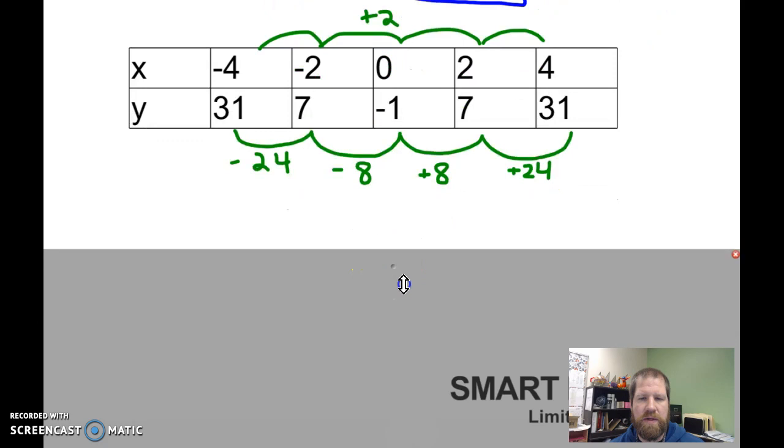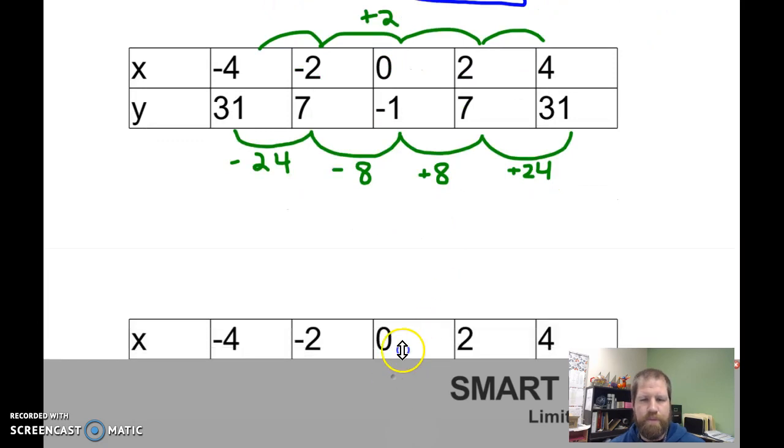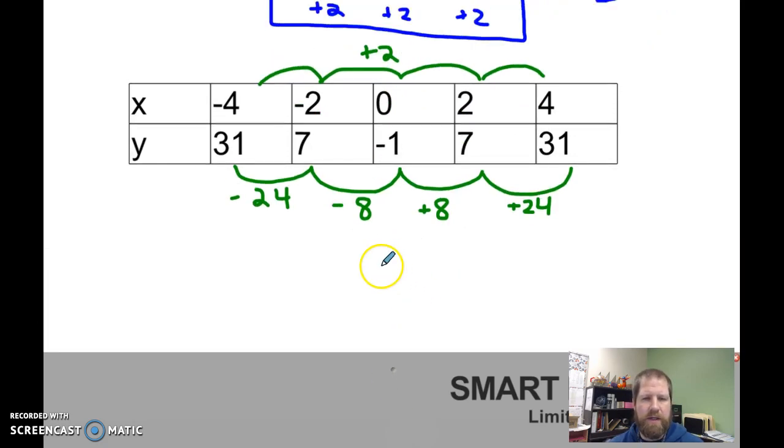And here's where sometimes it gets a little tricky, because you have to make sure that you're accounting for your signs, and making sure that you are looking at your differences the same way. Okay, so -24 to -8, that is going to be an increase of 16.